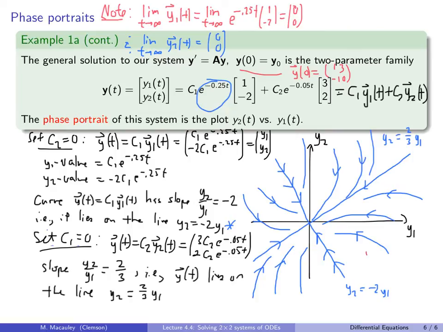So say this is 13 and negative 10, and we start right there, and then we move on toward the origin. I guess that's not a perfect drawing. It's never supposed to cross another function like this, and it's supposed to end up at the origin. So I didn't draw it perfectly, but I think you get the idea. So this path along here represents the salt concentration relative to equilibrium at any time t.